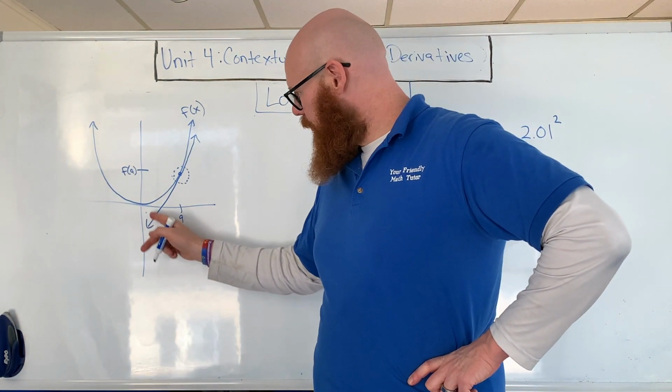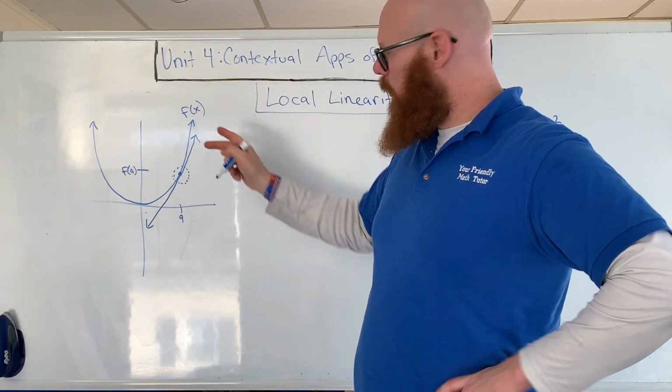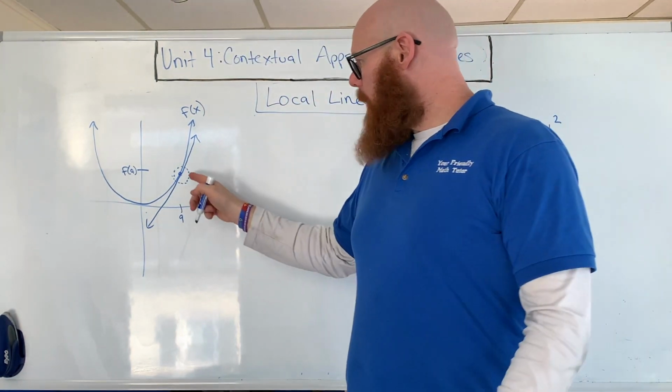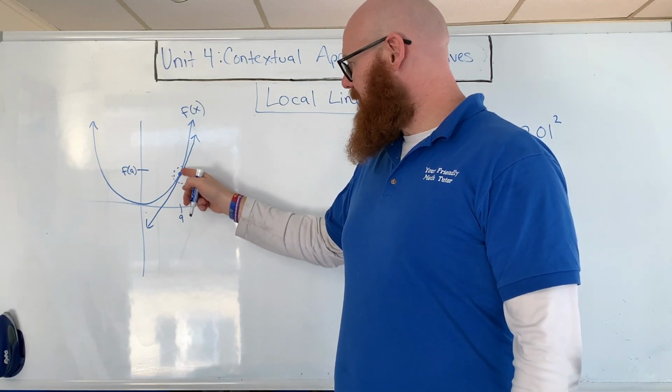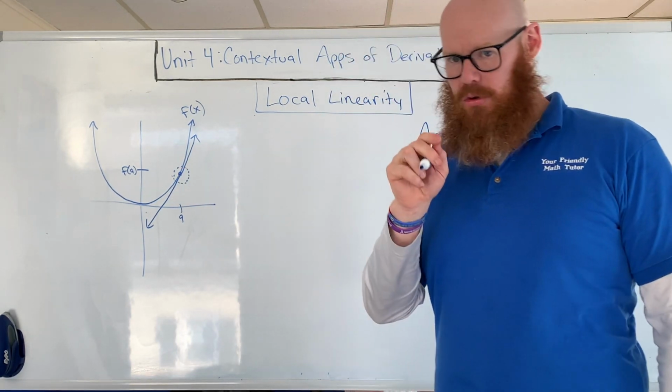Down here, pretty terrible. Up here, as we go further, they diverge from each other. But in this local neighborhood, this line and this curve are almost the same thing.